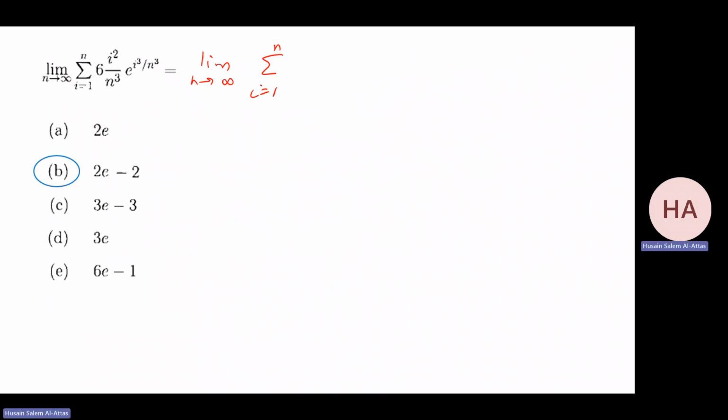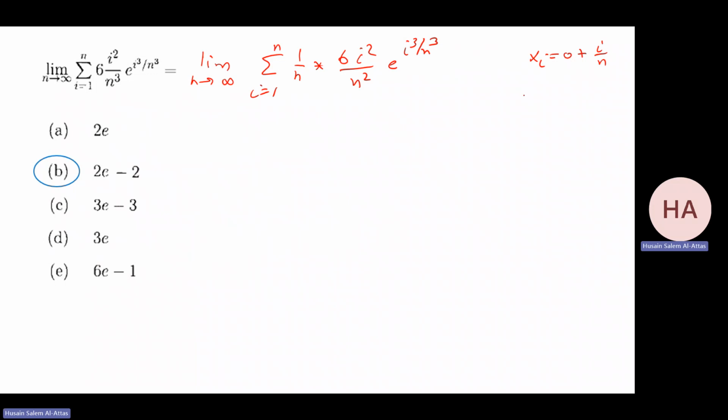I can take the 6, this is 1 over n times 6i square over n square plus i cubed over n cubed. So for sure, my x_i will be 0 plus i over n.